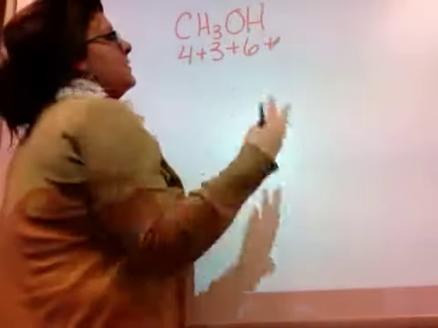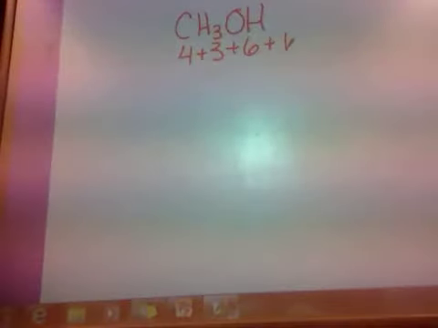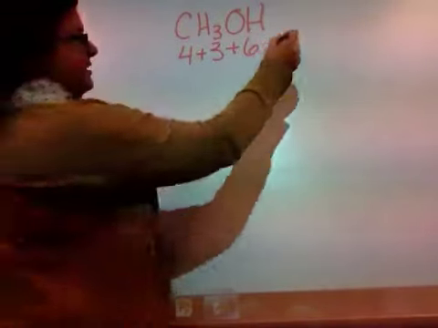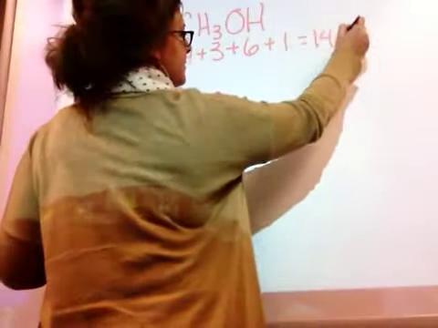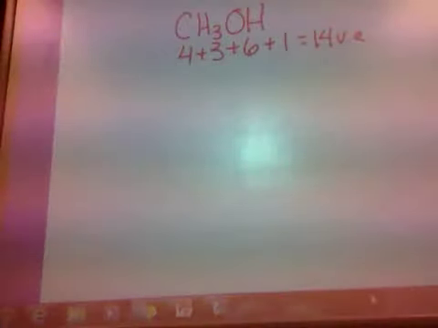And then I have this one little extra hydrogen atom here, so that would be plus 1. So 4 plus 3 plus 6 plus 1 gives me 14 valence electrons. Okay, so we have 14 valence electrons here.